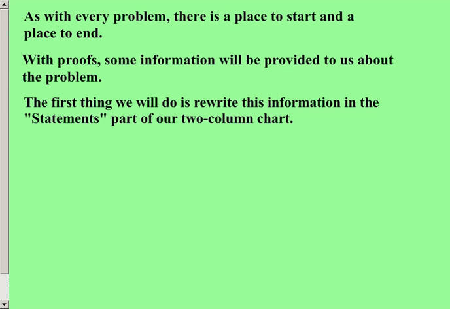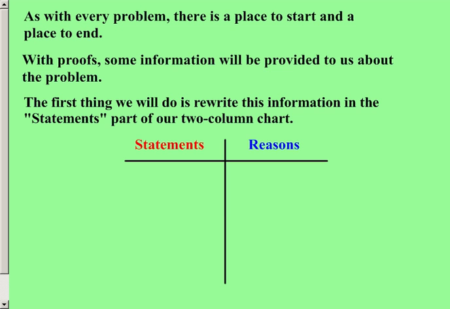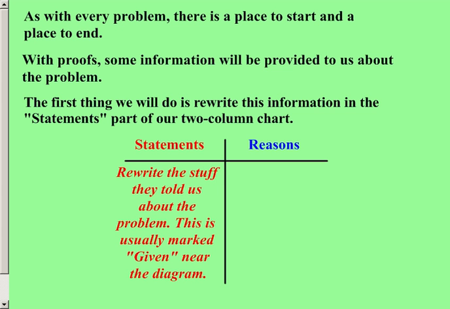And they can also provide some external information about the diagram. So they have a picture, or possibly even not a picture, but then they have a bunch of statements talking about what's going on with a picture. If they gave us one or not, they can state information about it. So everything they give us is going to be rewritten in the statements part of our two-column chart.